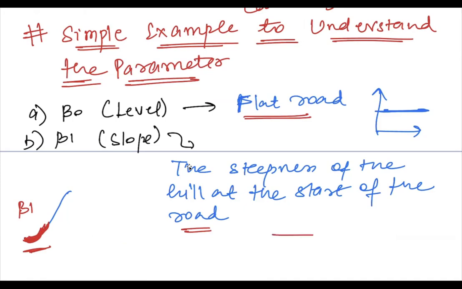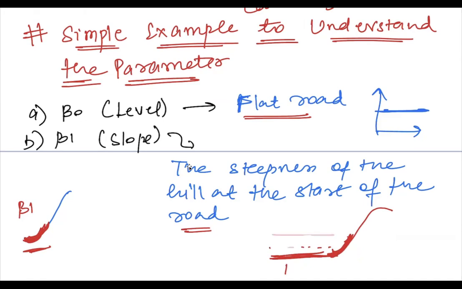Just think we are going on a journey. Initially there are flat roads, and that's where we start to see mountains. That's where you see the steepness of the mountains, or the steepness of the hill. So this part is your beta naught, and when you see the steepness, this is beta 1.